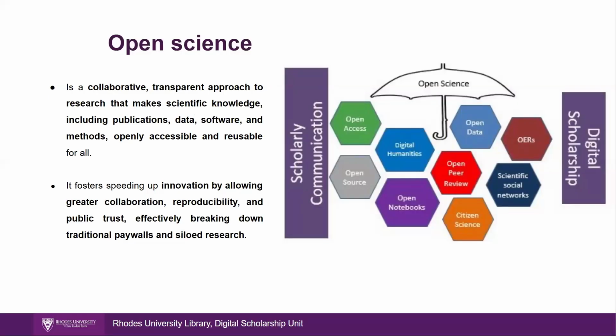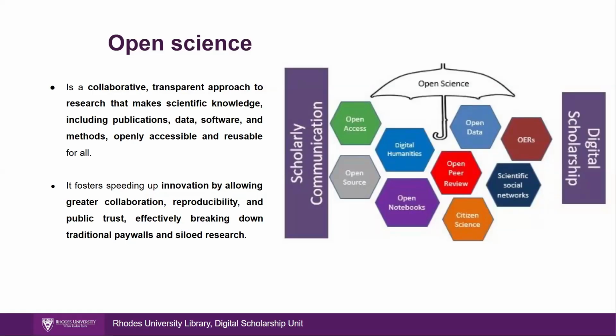Before we go on to understanding what is open access, we need to understand what is open science. Open science is the umbrella term for open access, digital humanities, open data, open educational resources, open peer review, scientific social networks, open source and open notebooks, and citizen science.